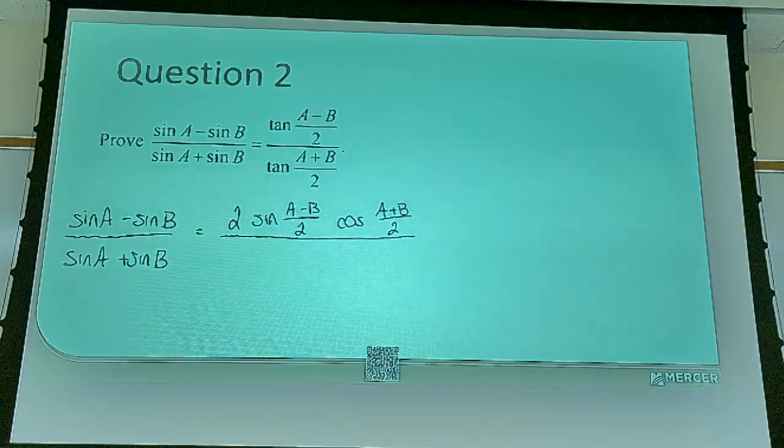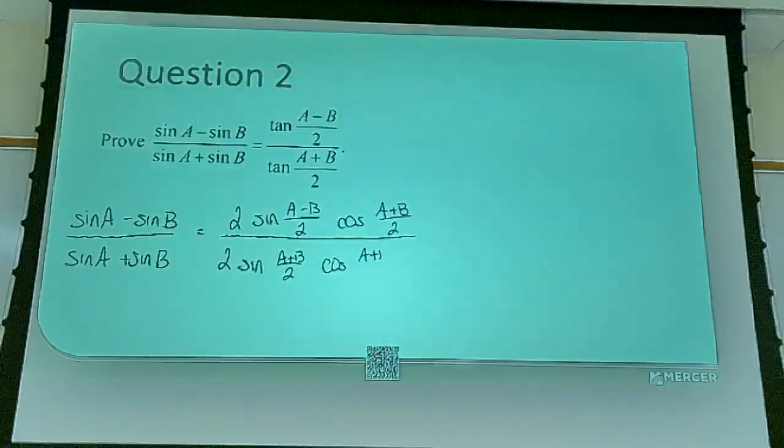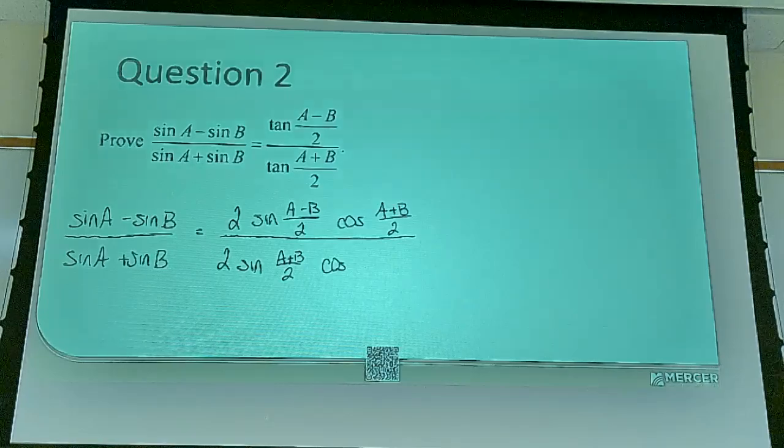Over the sum, twice sine A plus B over 2 cosine A minus B over 2. So 2 to 1, that's nice.